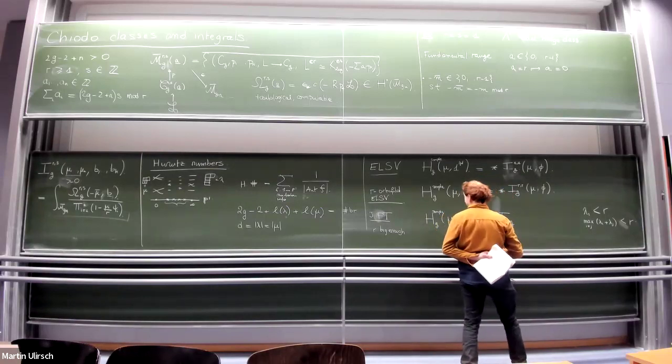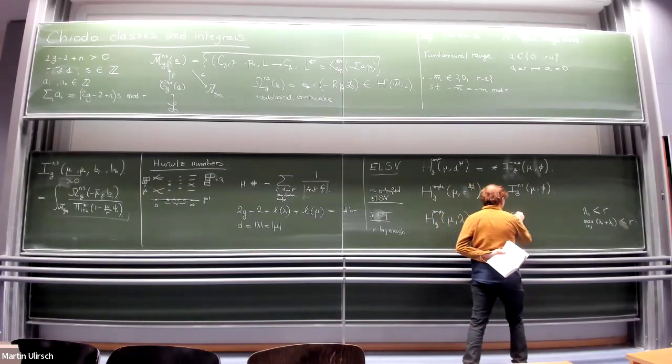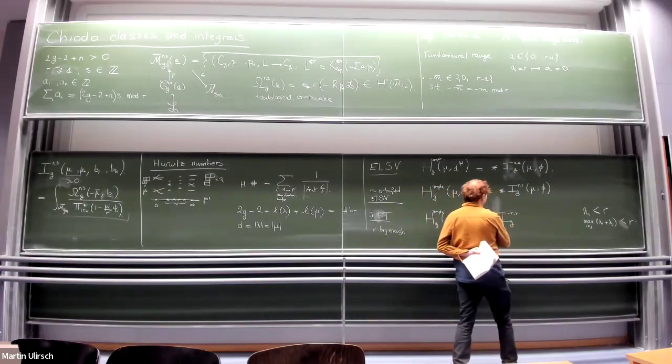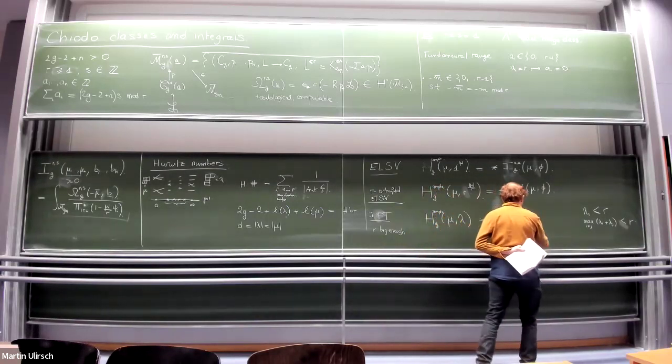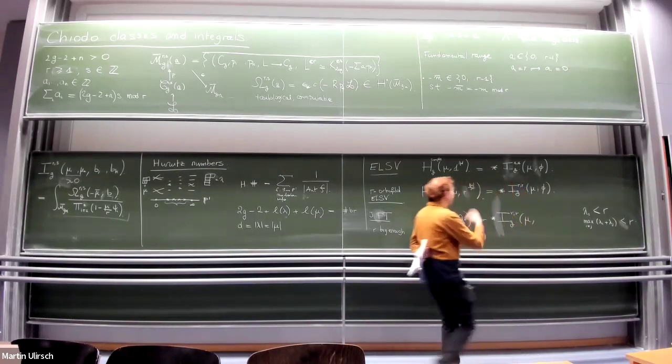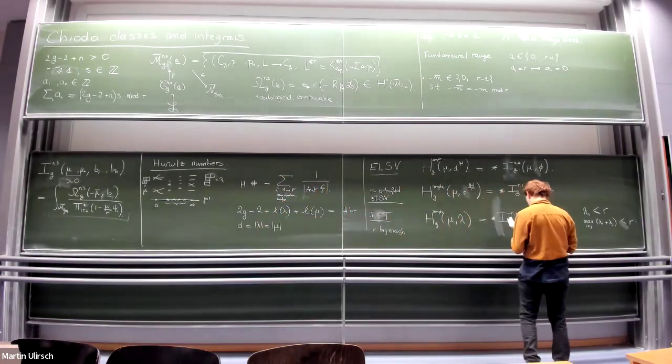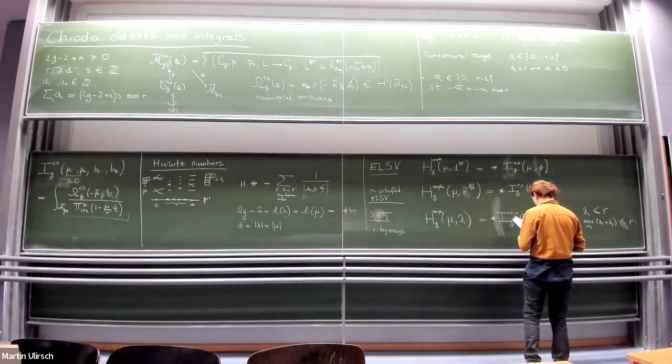And what you get is, so here r, one combinatorial factor, there's mu, and then you have extra parameters, which are lambda prime.